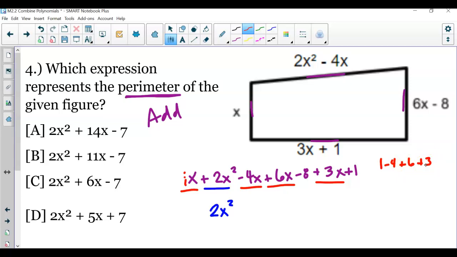So here, 1 minus 4 is negative 3, plus 6 plus 3, and then 3 plus 3, or again, you could have put that all in the calculator, and you get 6x. That means I can already tell that my answer is C. Also notice, how do we get that negative 7? Negative 8 plus 1, negative 7.